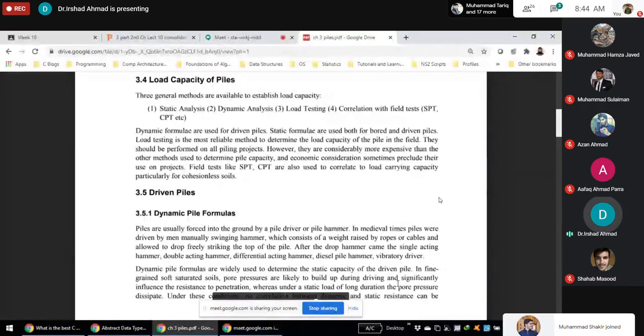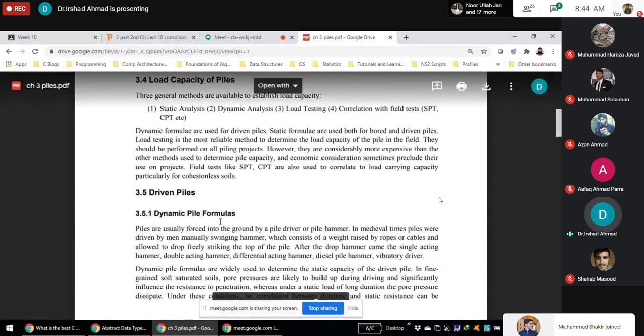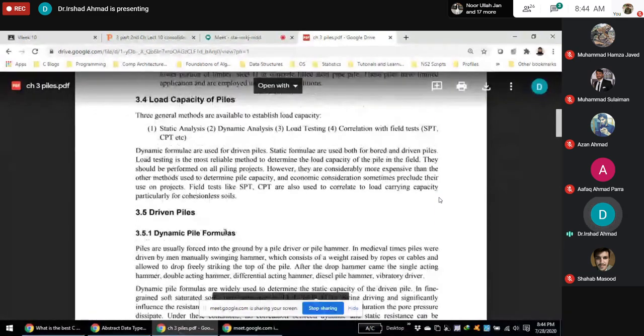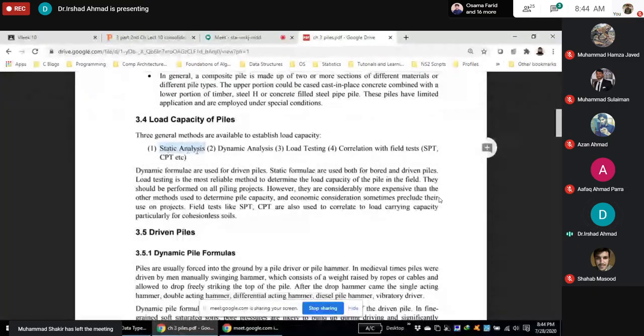There are four methods that we would be discussing. Static analysis, we would discuss in this chapter in much more detail. Dynamic analysis, we would briefly discuss. Load testing, we would discuss, and correlation with field tests, we would discuss in this chapter.